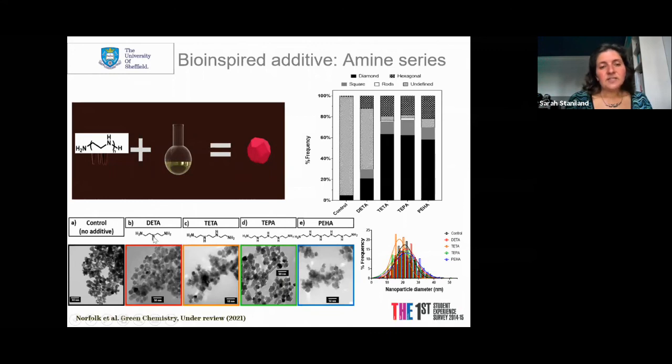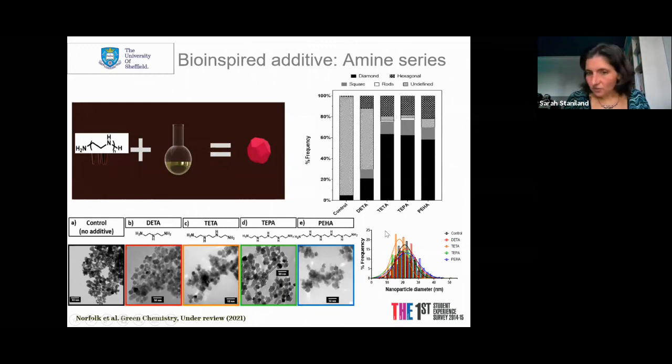Here we have the series, DETA, TETA, TEPA, and PEHA, which is just an increasing length of amines, and the control. Hopefully you can see that we get more faceted particles the more length there is on our additive. This is the shape analysis, and you can see that DETA isn't the best, but once we get to TETA, TEPA, and PEHA, then we really have that shape control.